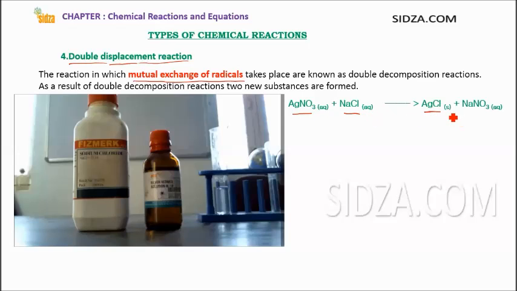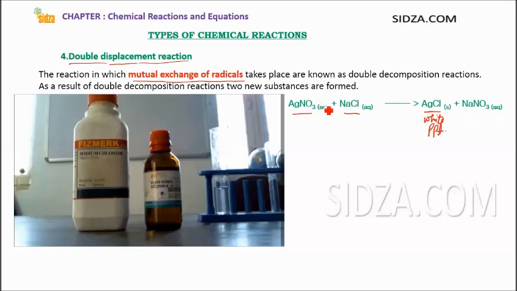A white precipitation of silver chloride is formed once we react the sodium chloride solution with the silver nitrate, and the sodium now reacts with the nitrate and forms sodium nitrate, NaNO3.